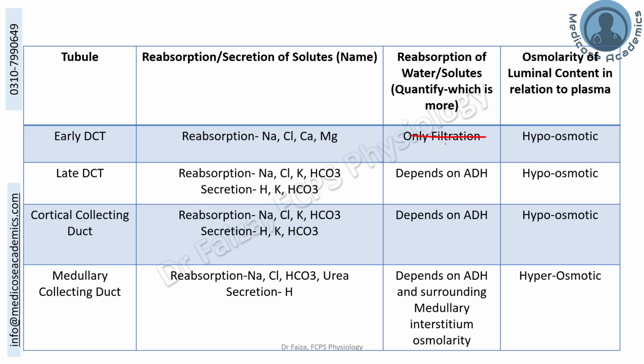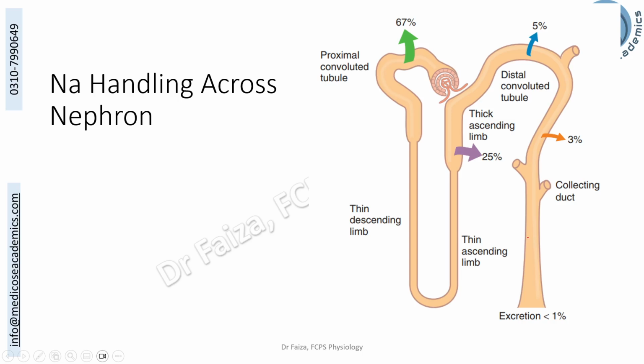This early distal tubule is impermeable to water. The rest we have discussed previously. As these segments are impermeable to water in the absence of ADH, the fluid content over here is hypoosmotic, which may remain hypoosmotic or become hyperosmotic depending upon the availability of ADH.